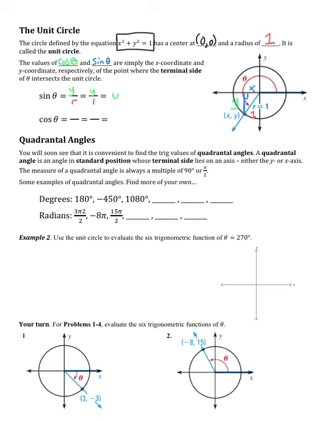So the sine function of theta is just the y value. This is why we like to use the unit circle. Cosine is x over the radius, which is 1, so it's x over 1, and it just becomes the x value. So cosine is the x value, and sine is the y value.